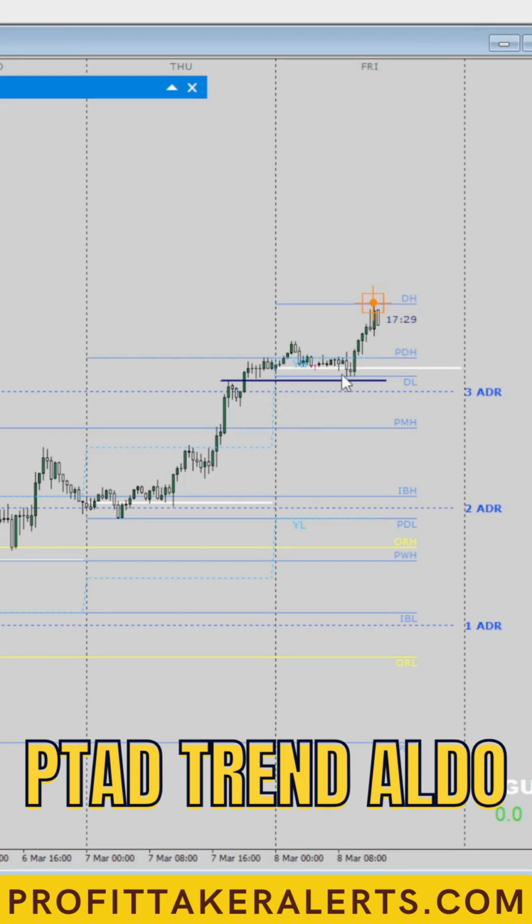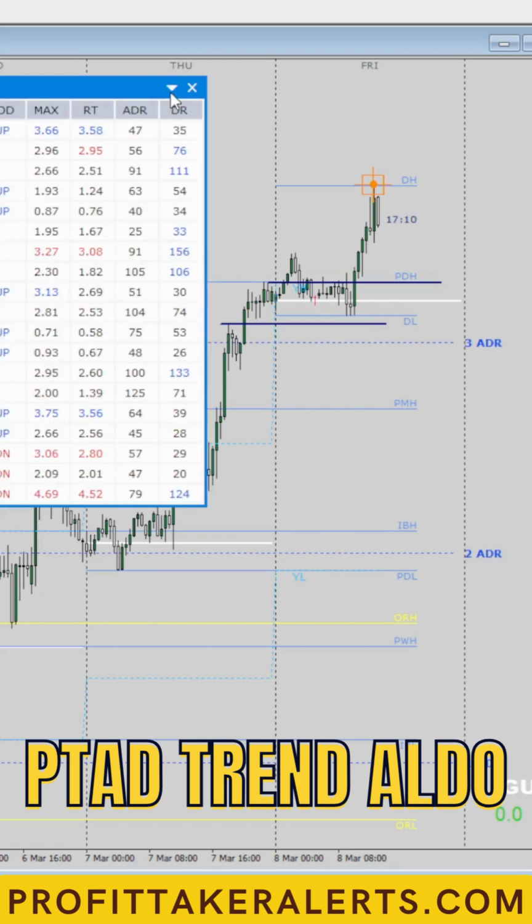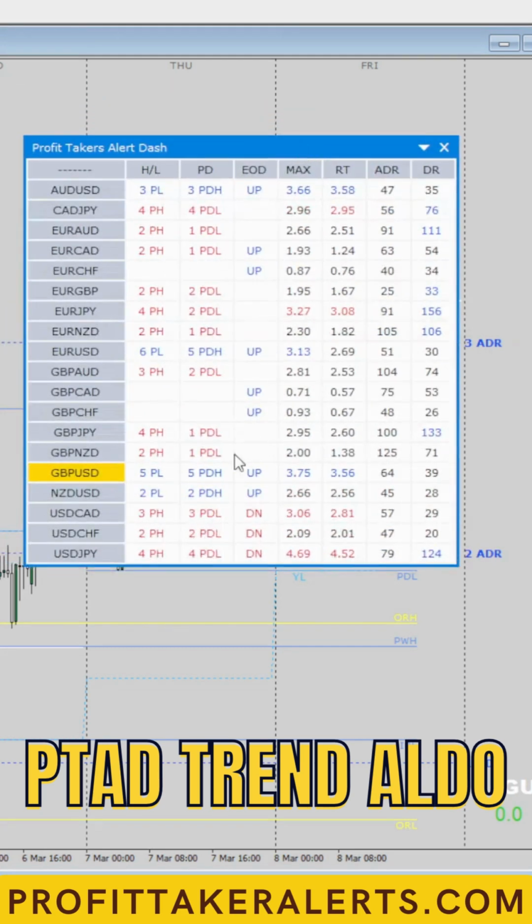And we would love to go ahead and take this trade when prices hit yesterday's high. Like here's yesterday's high. This is where you would want to enter. Previous day high. You want to enter there once it starts to fall down. And then you'll notice on the dashboard that it's starting to reverse.